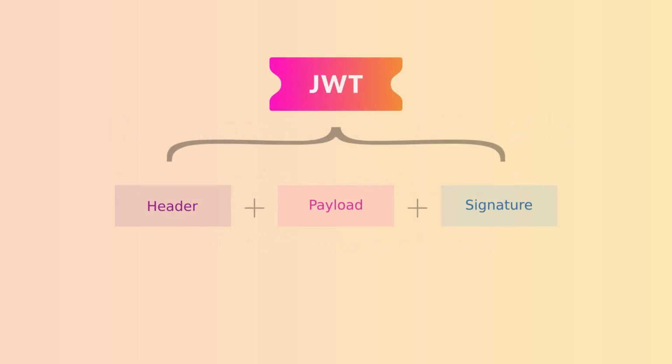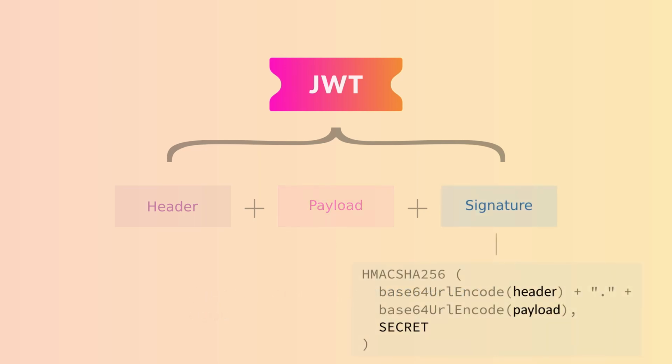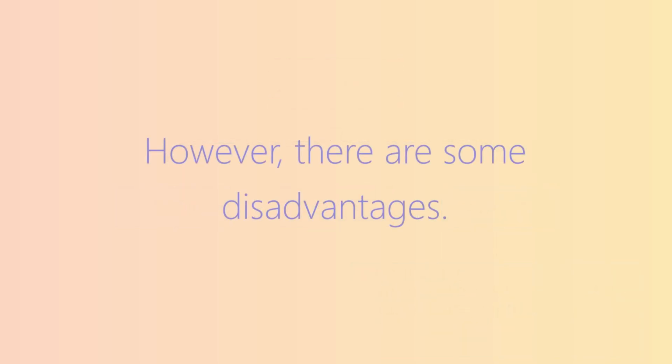The JWT contains a data payload, so that when the API verifies the JWT, it's able to use the information that is in the data payload, such as the user ID, in the database queries. That object will be signed using a secret string that's stored on the server. That means that it's infeasible for anyone to forge a JSON Web Access token, since they won't know the secret value. But there are some disadvantages.